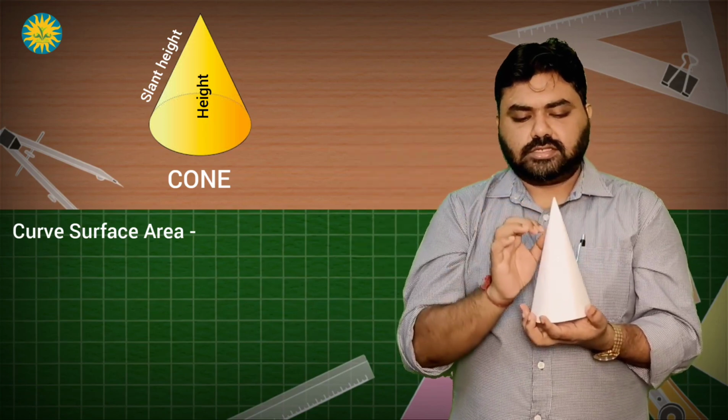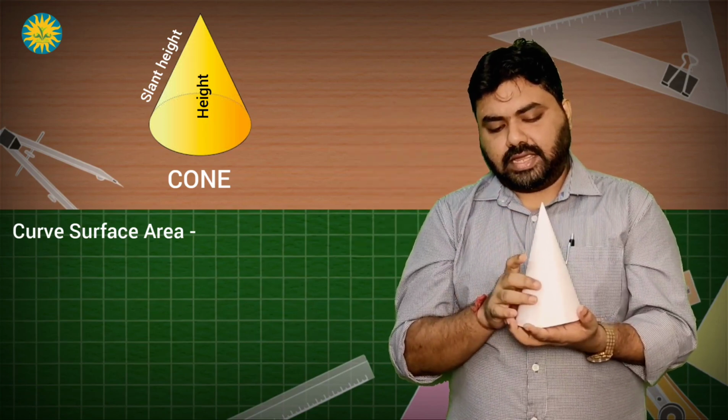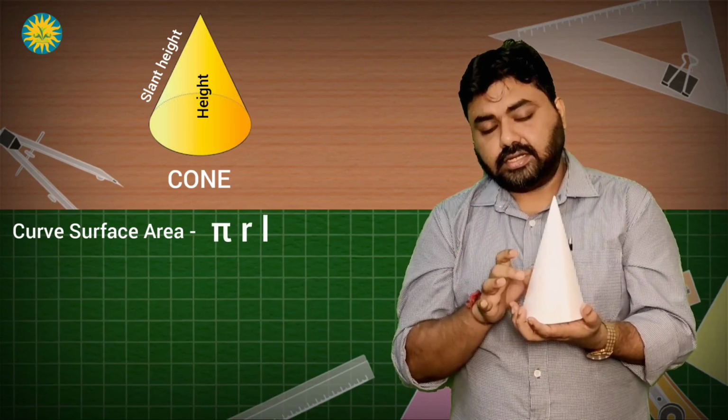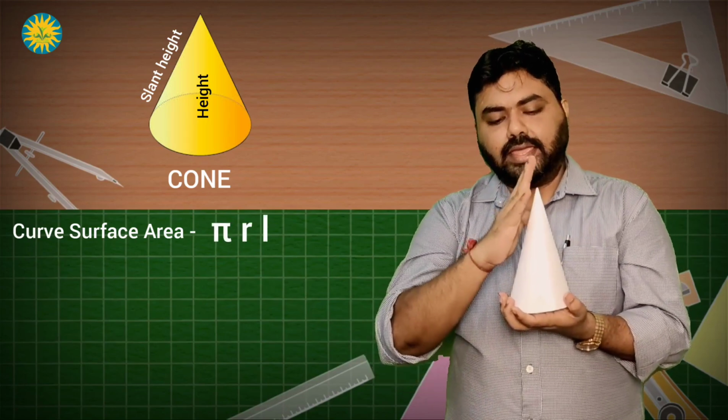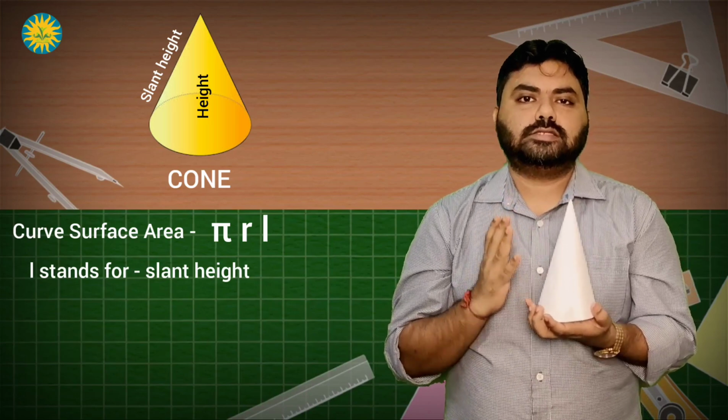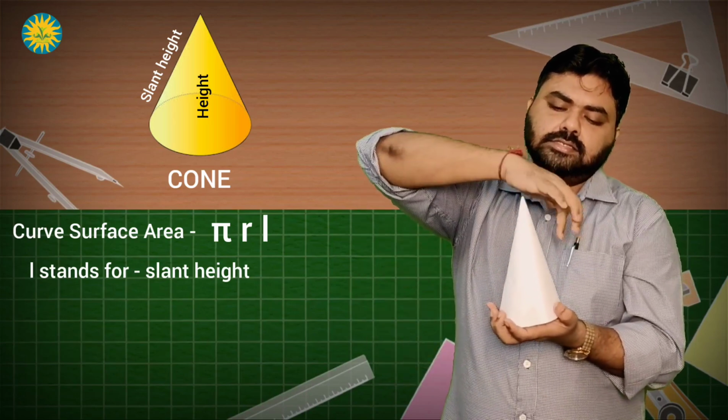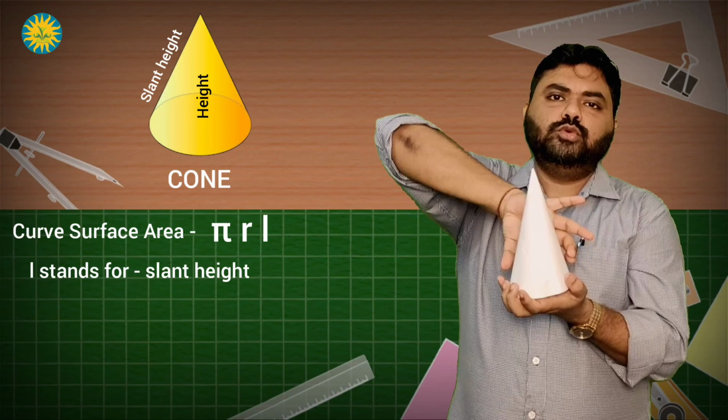We will just learn the formula, which changes slightly: pi r l, where l stands for the slant height.